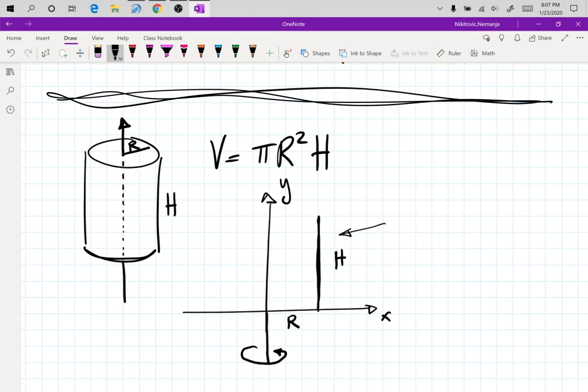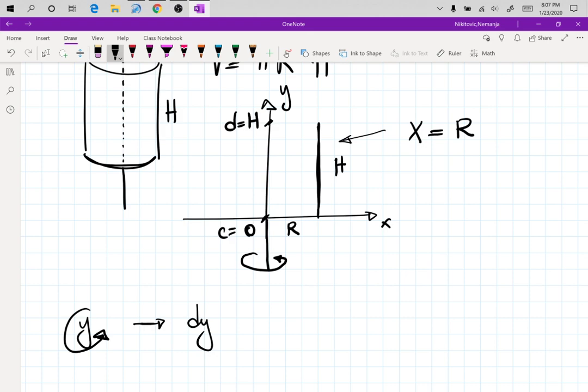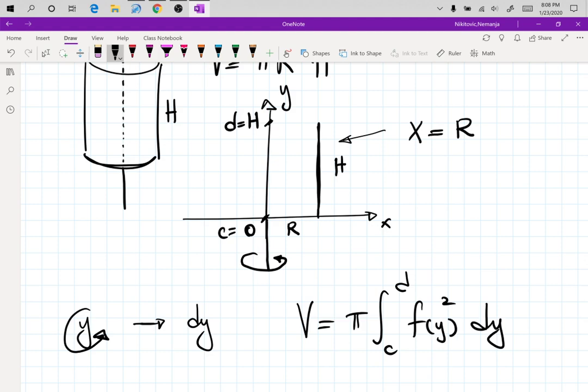Well, that function is x equals r, on the height from c equals 0 to d equals capital H, because that's the length of the line. The height. 0 to 4, 0 to 10, 0 to whatever the height is. Integral, which means that the volume is pi integral c to d of f of y squared dy.